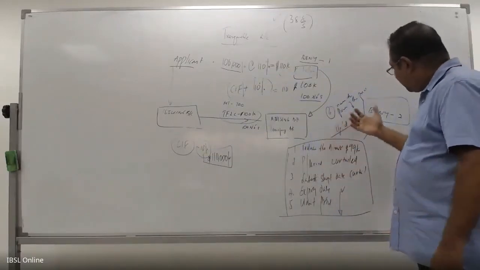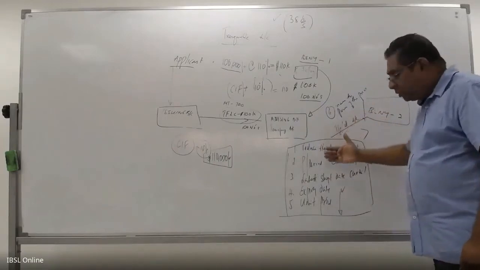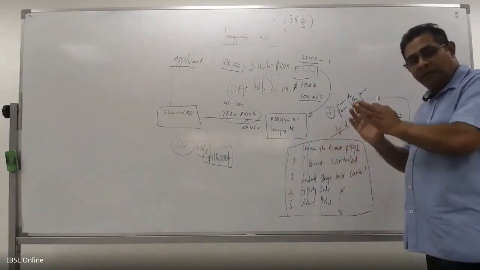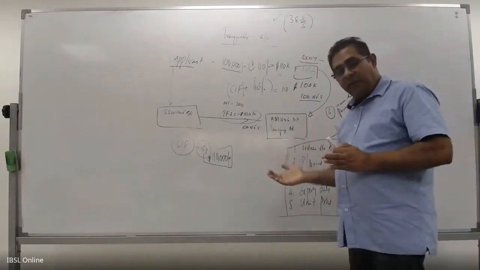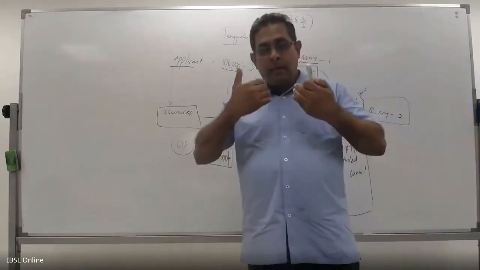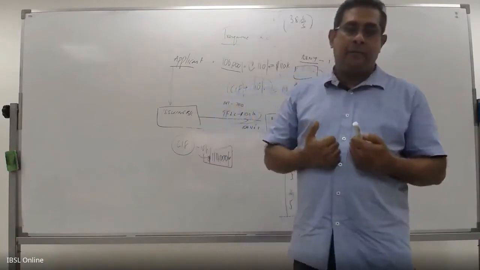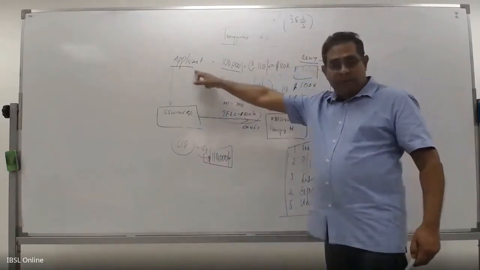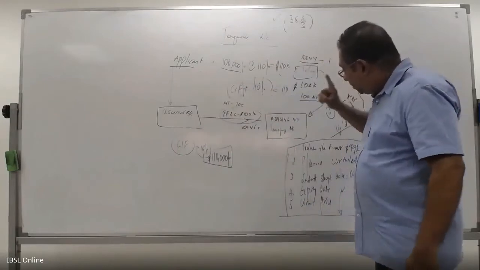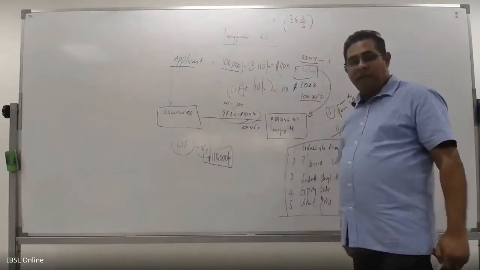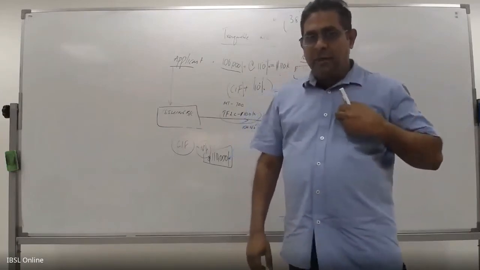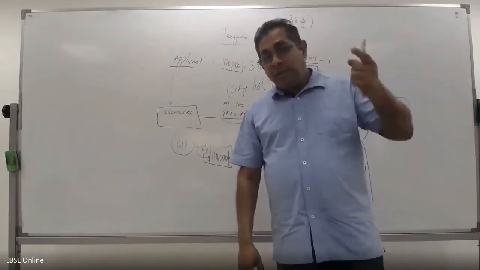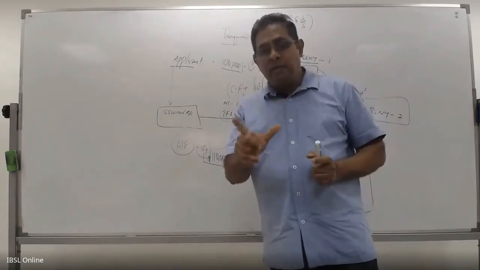Now, this is the transferred letter of credit. Who is the beneficiary? If it is a transferred letter of credit, the beneficiary should be beneficiary 2. The applicant should be beneficiary 1, not this applicant. So, beneficiary 1 will tell the transferring bank, you replace the applicant's name by my name, that is beneficiary 1, and the beneficiary 1's name as beneficiary 2.